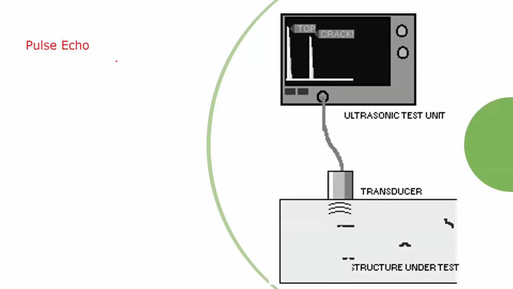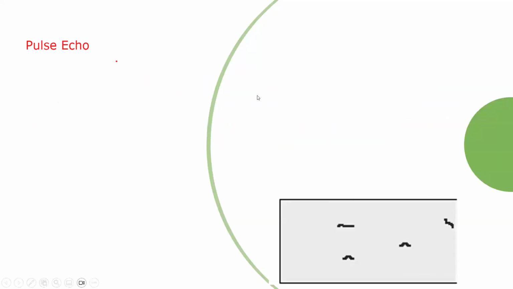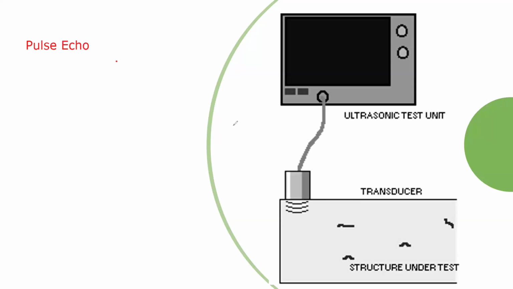For example, when we place a detector, here a transducer is there. When the pulse is sent, it will strike and bounce back. Using this pulse echo technique, we can find the width of an object, the distance from which the pulse is reflected.